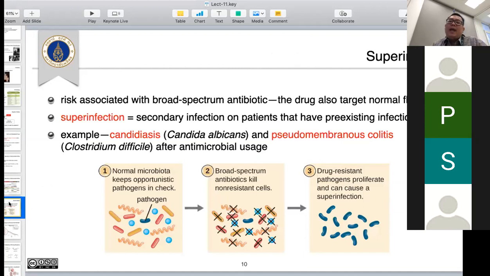When anyone takes antibiotic, your body has normal flora, supposed to be in this picture. You have so many normal flora. And some bacteria can be both normal flora and pathogen. In the old concept, we believed normal flora is one type, pathogen is another type.